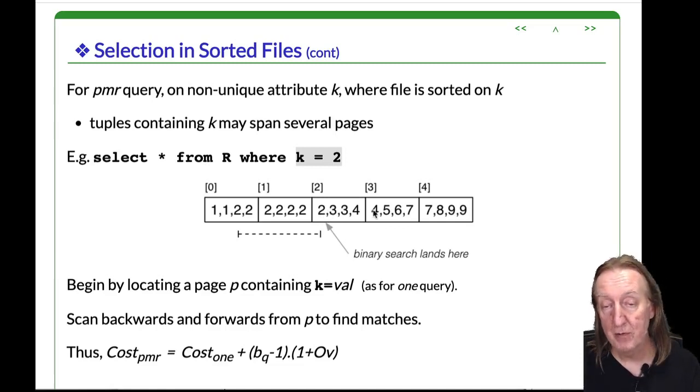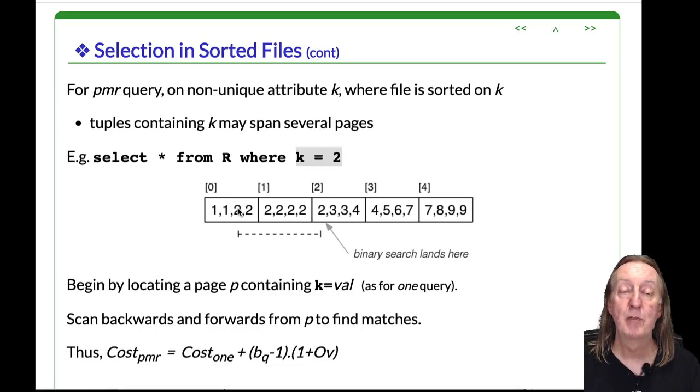Now they could be further up or they could be further back, so we actually have to look in both directions. Here we wouldn't have to look much further, because we'd see that the maximum value in this page is greater than 2. So there are guaranteed to be no 2 values further up the file.